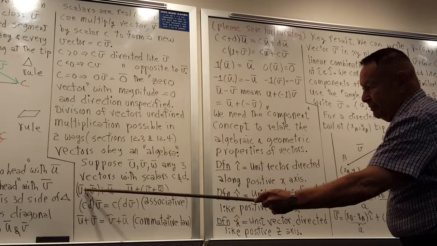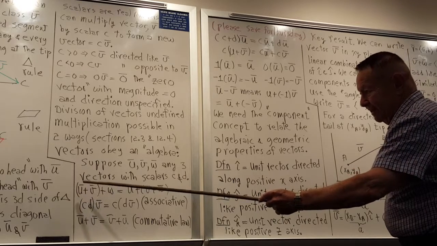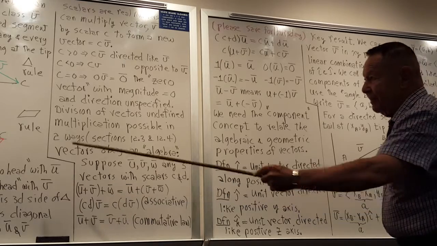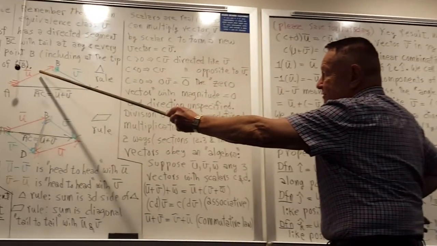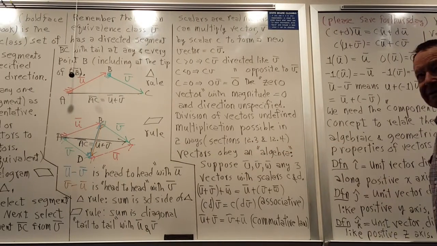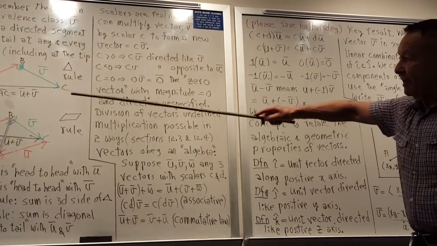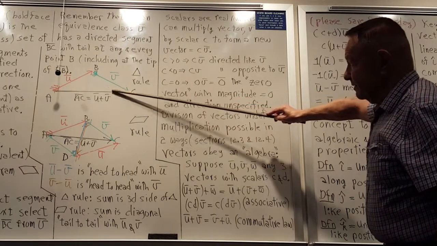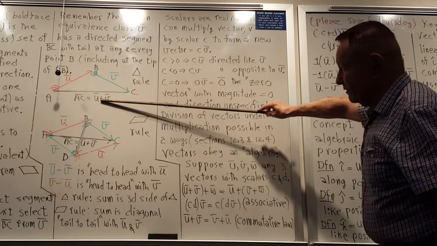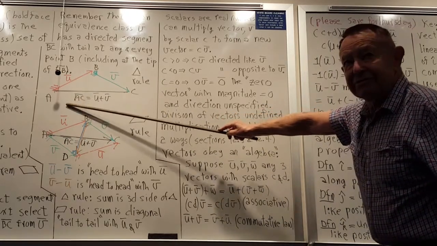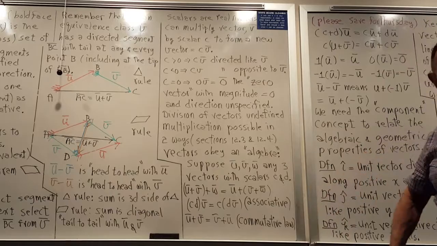You can do u plus v first, and then that's a new vector that you add to w. Remember that vector addition means you can either do this or you can do this. So I could take u and v and construct this one, and then add this one to another vector w with another triangle here or another parallelogram.